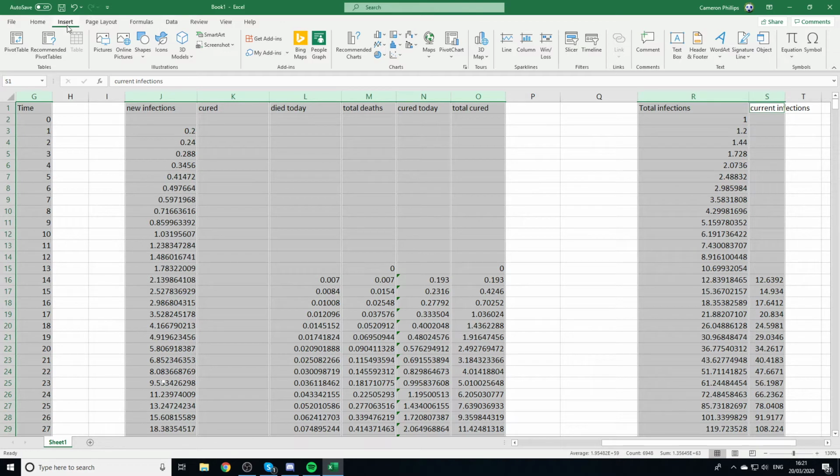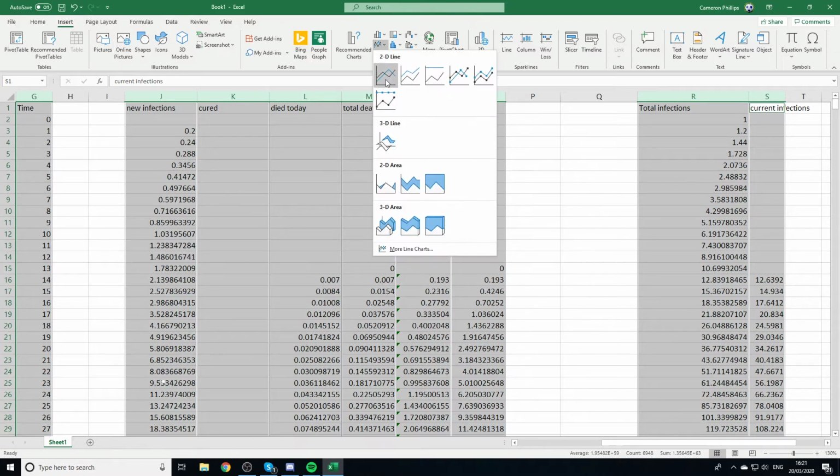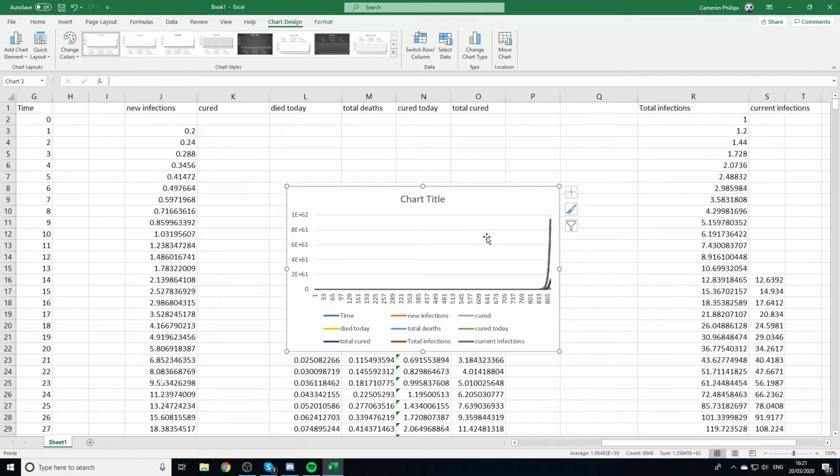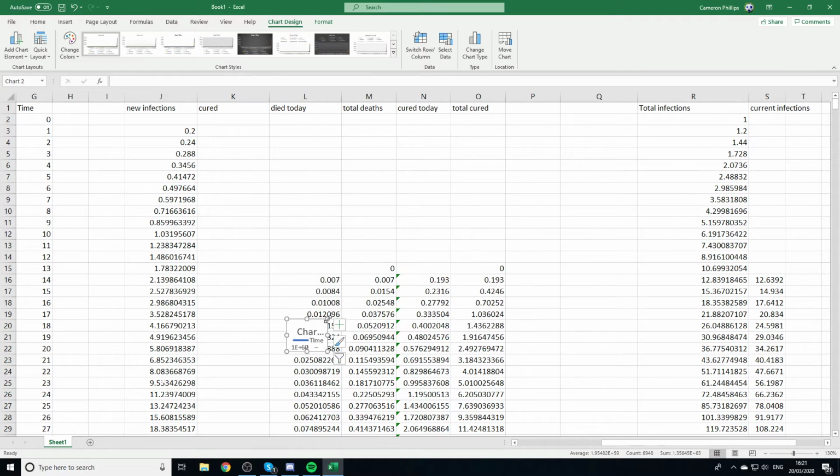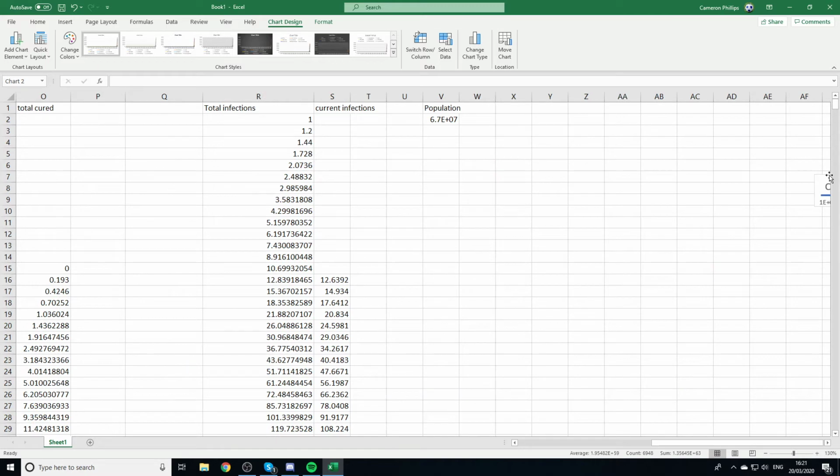Insert. Let's try that, shall we? Ah, well, there we go. It's taking up to day 841 before things really kick off, but it is logarithmic and therefore we're not going to see the whole graph. So let's just move that to the side.